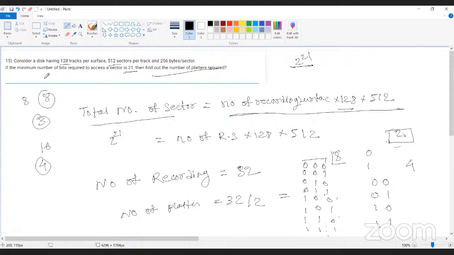So the minimum number of bits required is 21, so the total number of sectors will be 2 to the power 21, right? You got it? Yes.